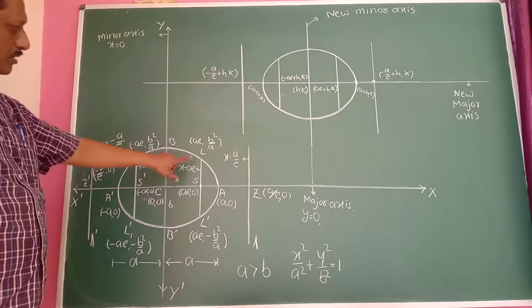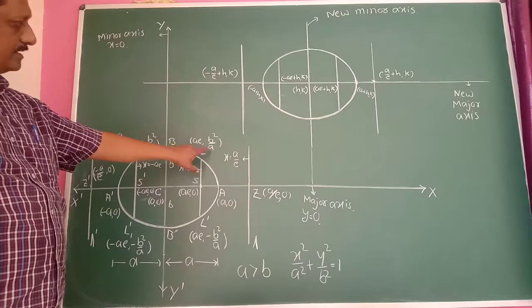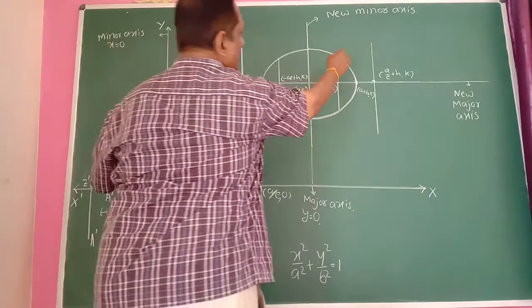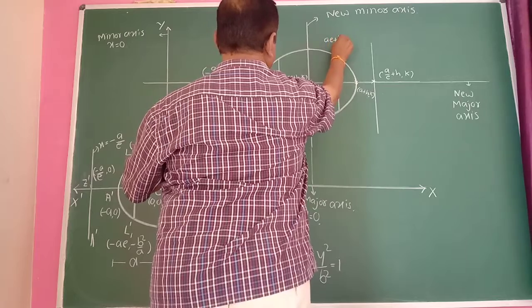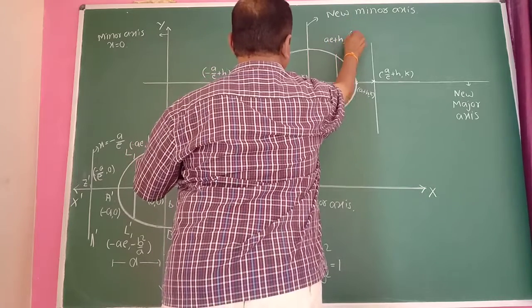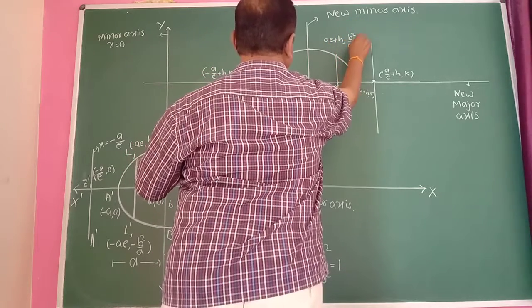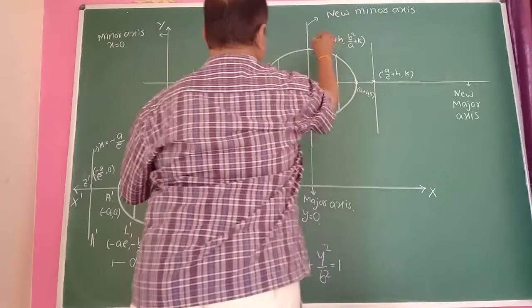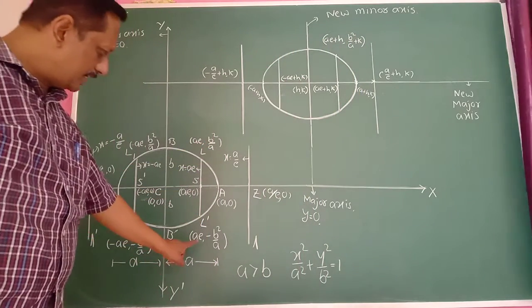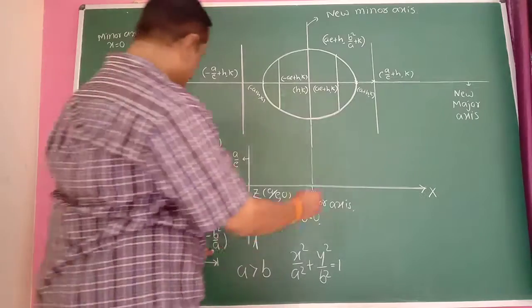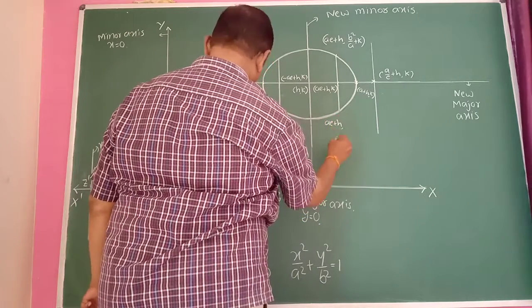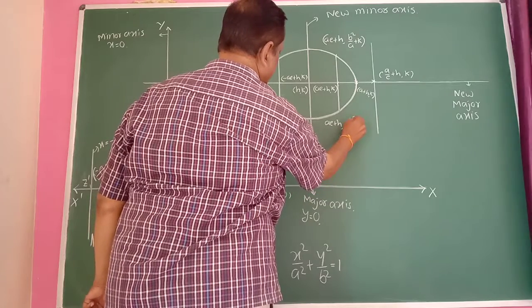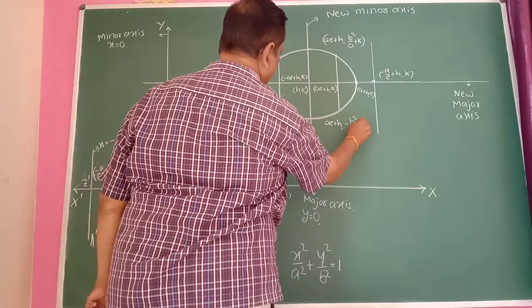Then the coordinate of L, adding h and adding k: ae plus h comma b square upon a plus k. Then L dash: ae plus h comma minus b square divided by a plus k.